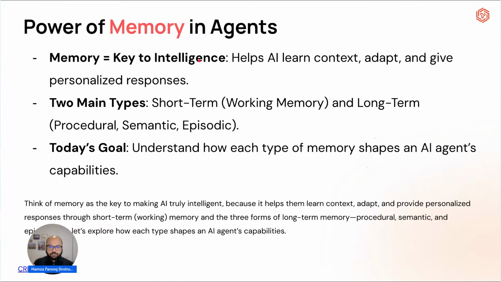So long-term memory and short-term memory, we have seen, is what empowers agents to go to the next level. And we have seen that when you have memory attached to LLMs or agents, they outperform by leaps and bounds.